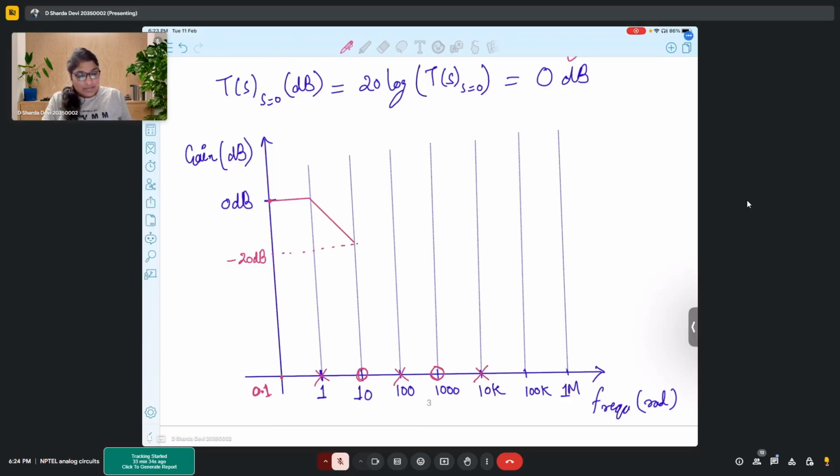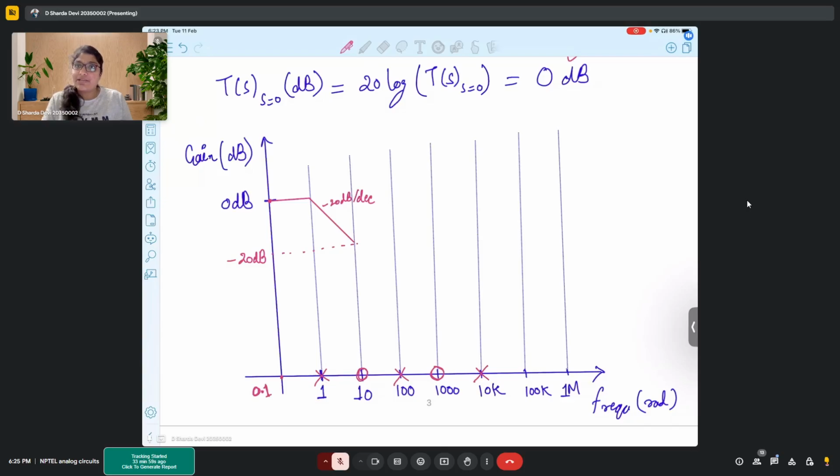Okay, so now at 10, again, you observe that there is a 0. So till now, your slope is minus 20 dBs per decade. You encounter a 0, which introduces a slope of plus 20 dBs per decade, right? So what is the resultant slope?